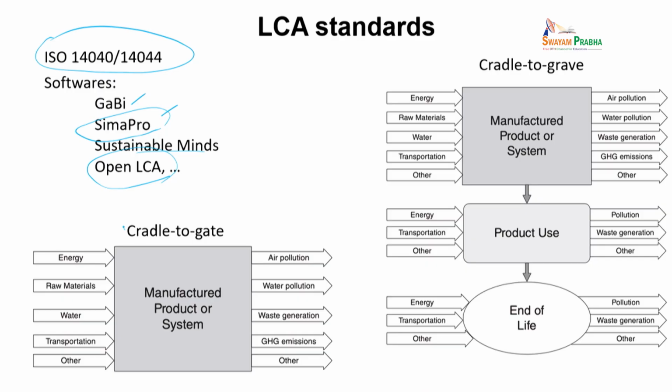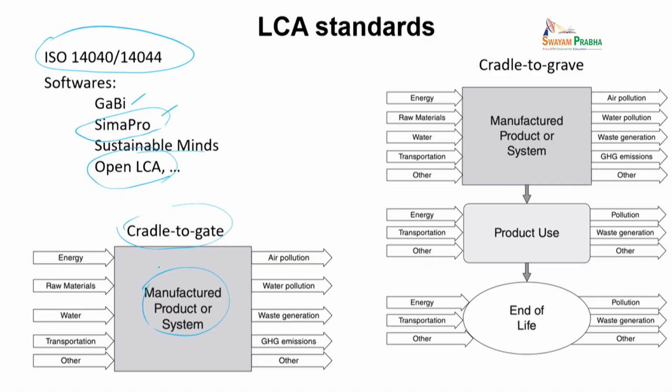So as I said, I was mentioning cradle to gate and cradle to grave. If you consider cradle to gate, this is how it looks. You have a manufactured product or a system that you want to produce, and you can see what goes in. There is some energy, raw materials, and always some use of water.